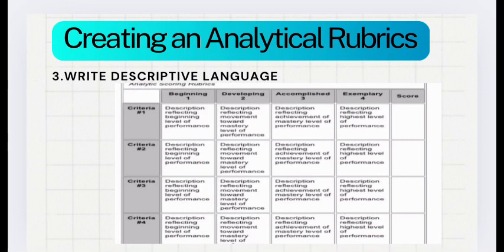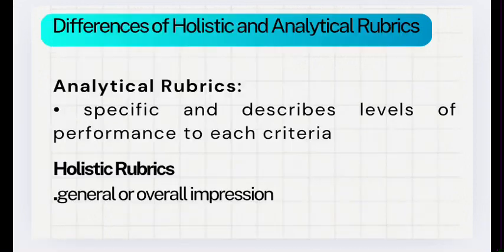The next step is write descriptive language. It means that for each criterion and level, write a clear and concise description of what it means to meet that level of performance. So let's move on to the differences of holistic and analytical rubrics.